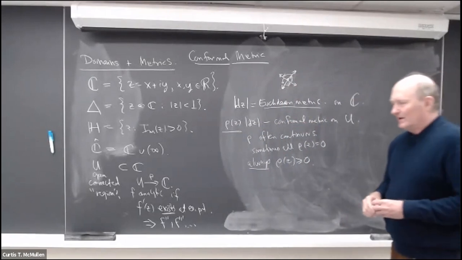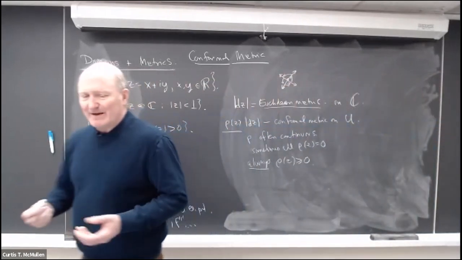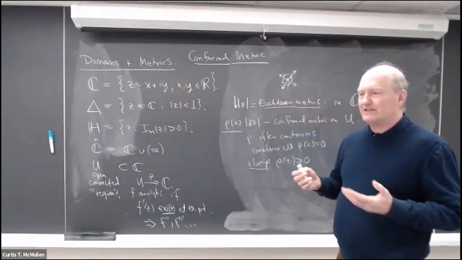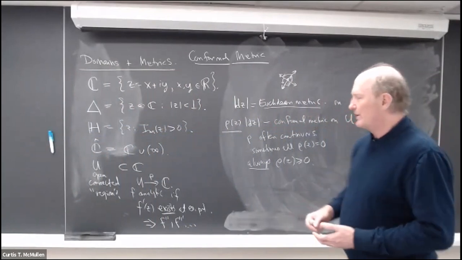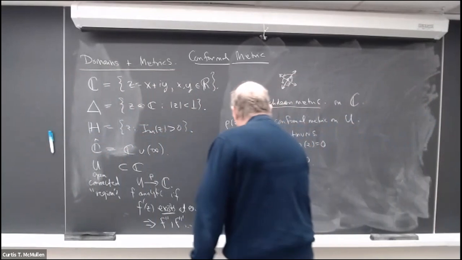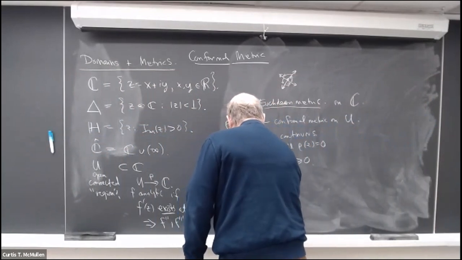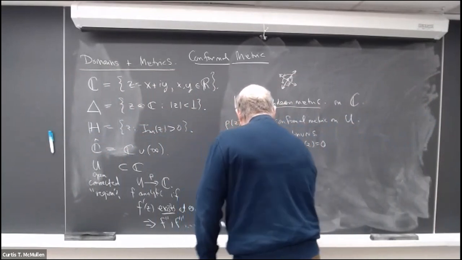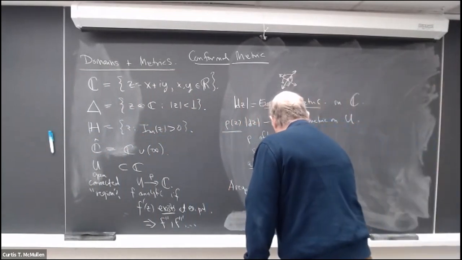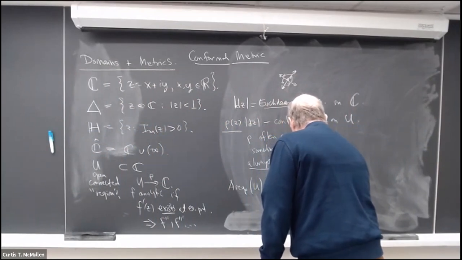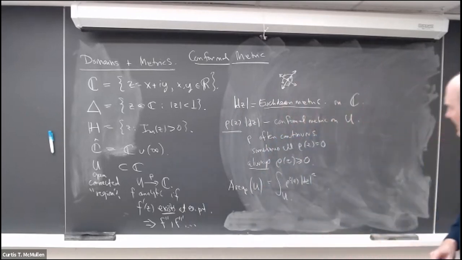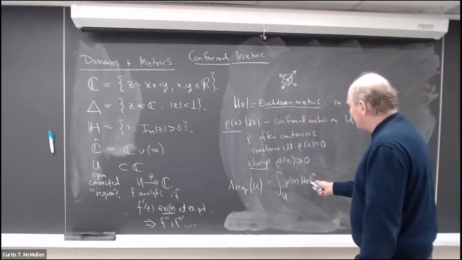Okay, now, what is a metric really? How do you use it? The typical thing you'd like to do with a metric is compute the length of a curve, or compute the area of a region. So for example, the area of a region U in the complex plane with respect to a metric rho is just the integral of rho squared of z |dz| squared over this region U. And now you might wonder, what is this |dz| squared?